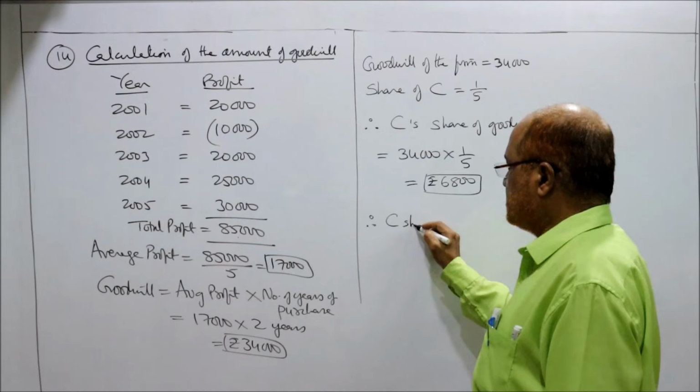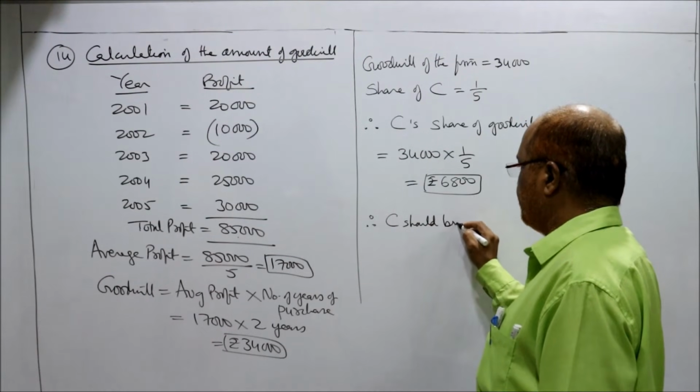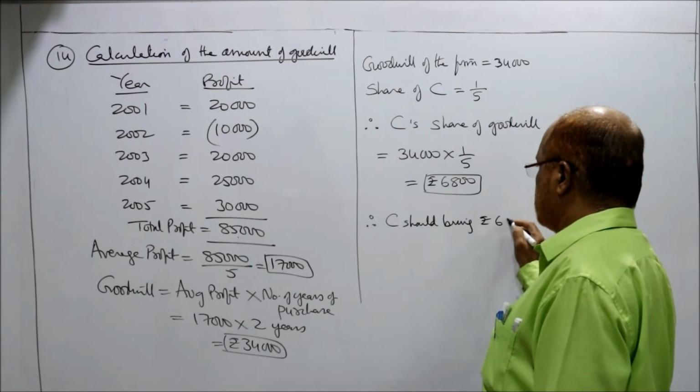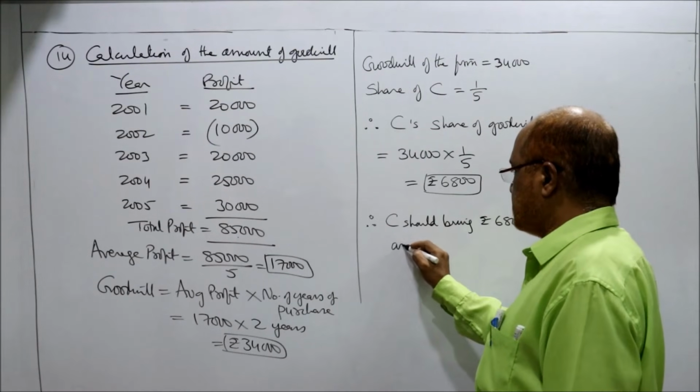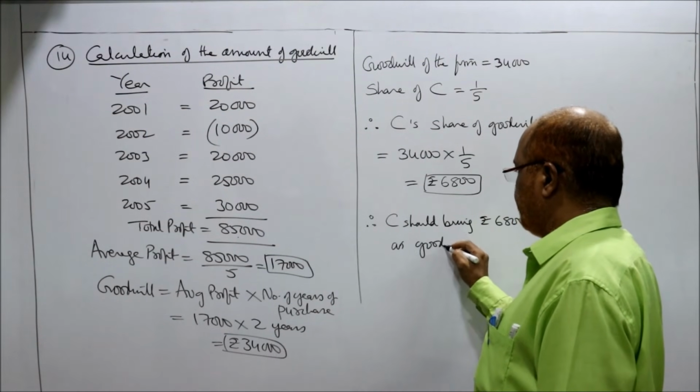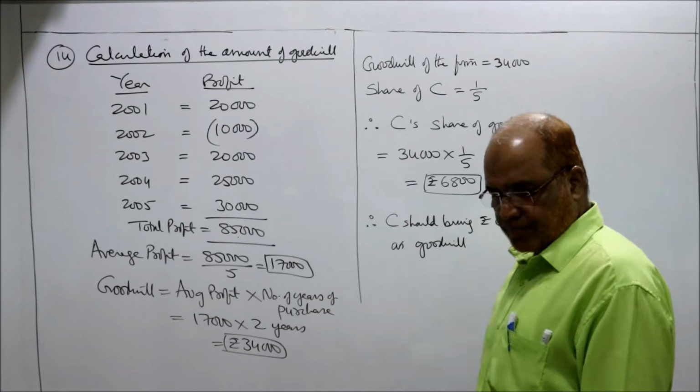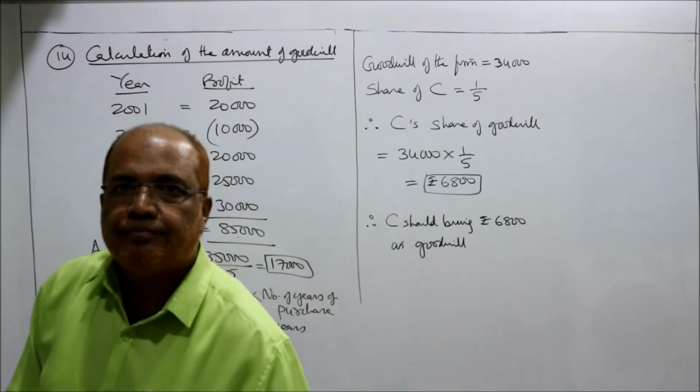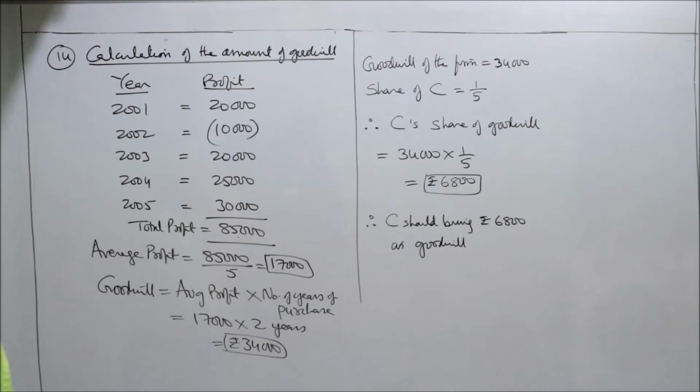Therefore, C should bring rupees 6,800 as goodwill. That's it. So C should bring 6,800 in the form of goodwill.